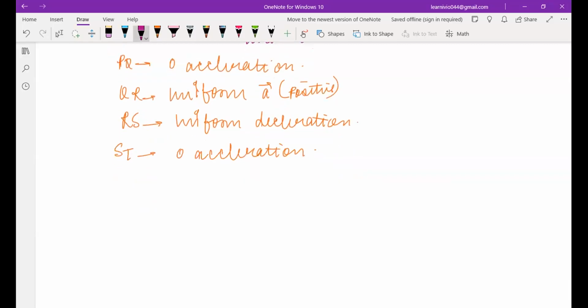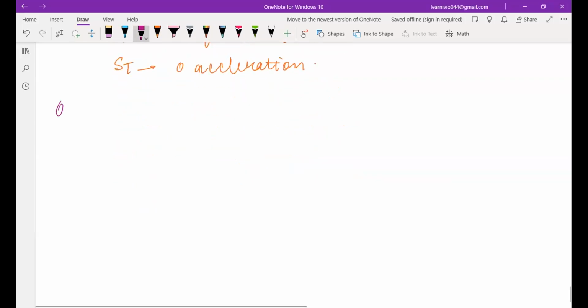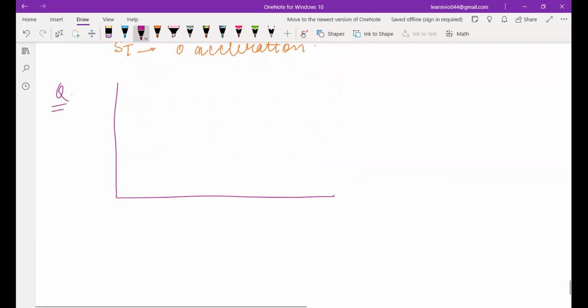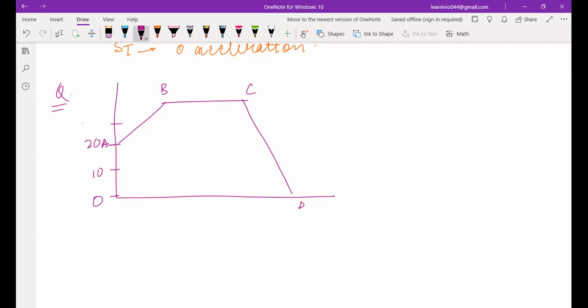Next is, you have a velocity time graph like this. A, B, C, and D. 10, 20, 30, 40.